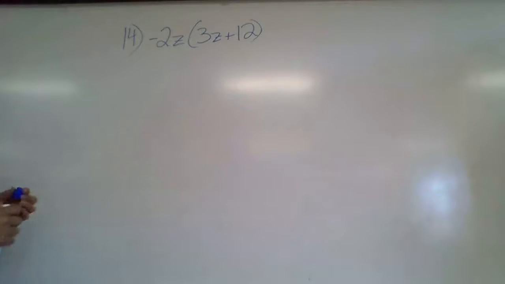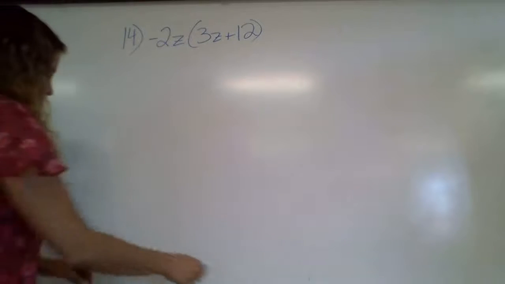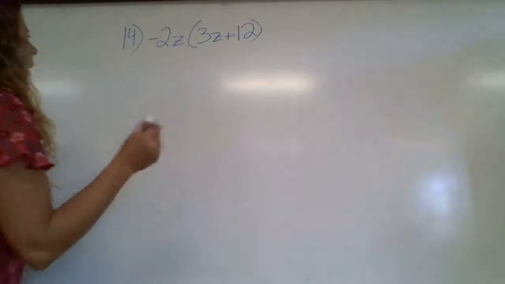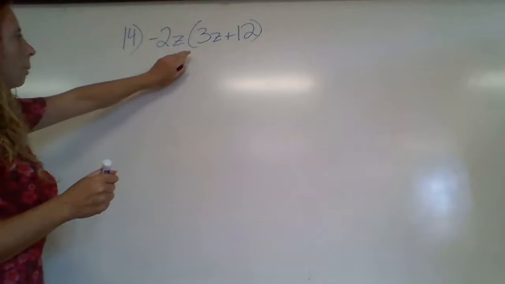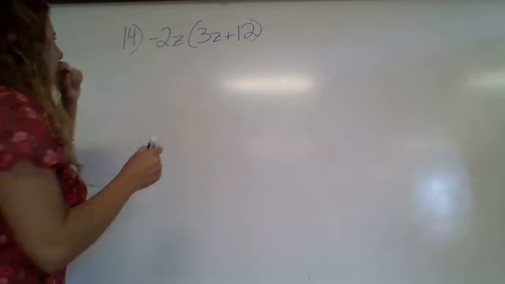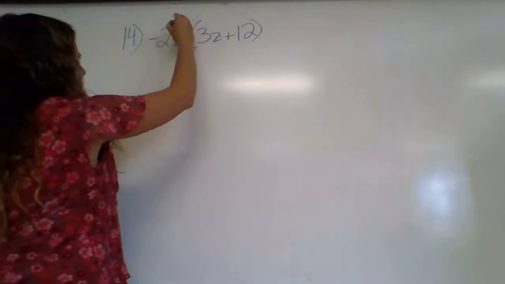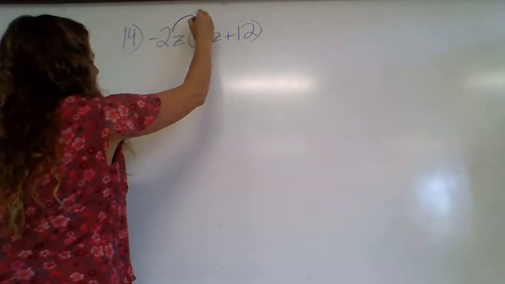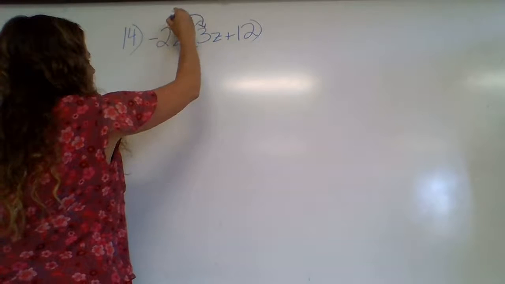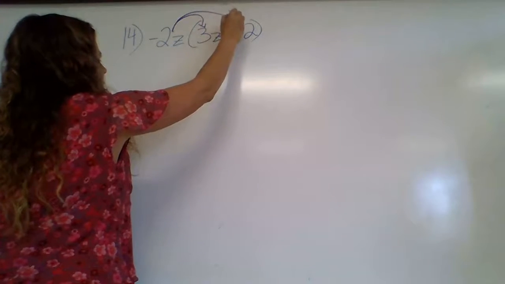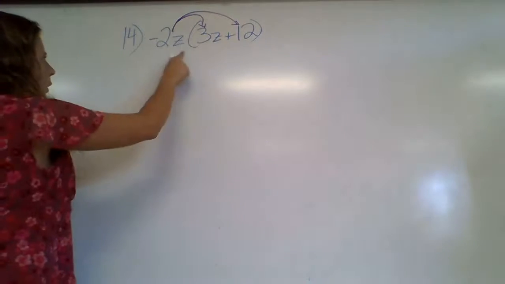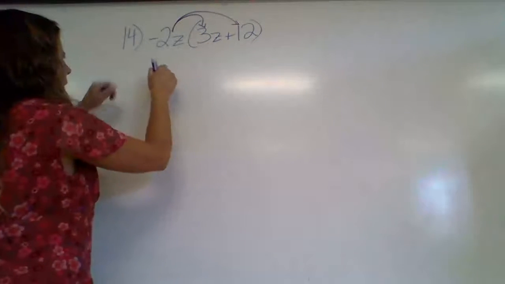Okay, and the last one I'll do is number 14, just for some little extra practice with distributing. Negative 2z times the quantity 3z plus 12. So I'm going to distribute, multiply what's outside by what's inside. Negative 2z times 3z.